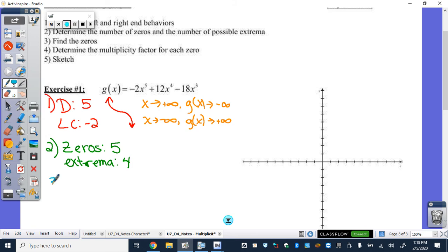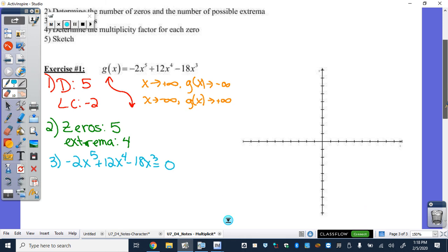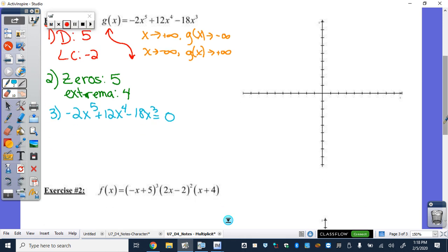All right, step 3. Now we find our zeros algebraically. So we'll set our polynomial equal to 0. What is our GCF? -2x cubed. So we get x squared minus 6x plus 9 equals 0. So does that factor again?